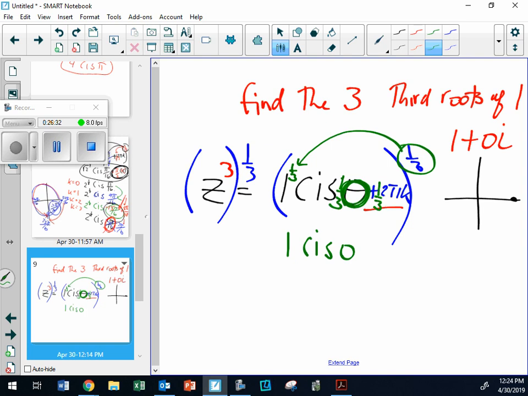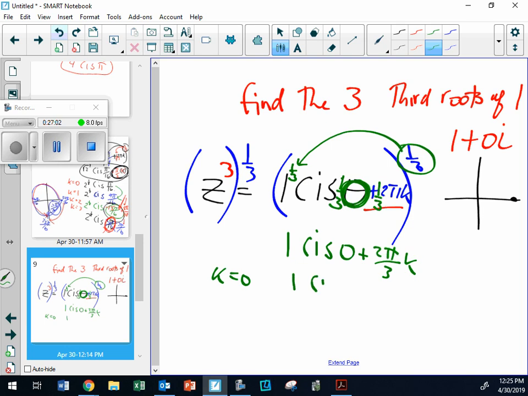Again, isn't that the same as 1? Yes. And if you think about it, it should be. The third root of 1 is 1. But there's more answers than that, and that's what the plus 2 pi k thing will give us. If I make this my term generator, I'm going to add 2 pi over 3k, and then when k equals 0, this part will just drop off, and it'll be 1 Cyst 0.